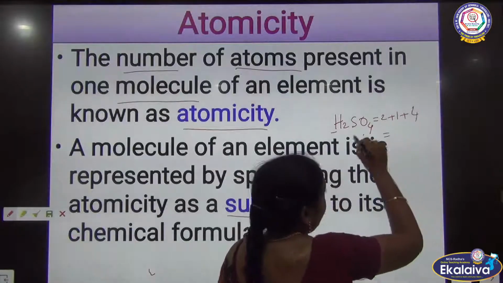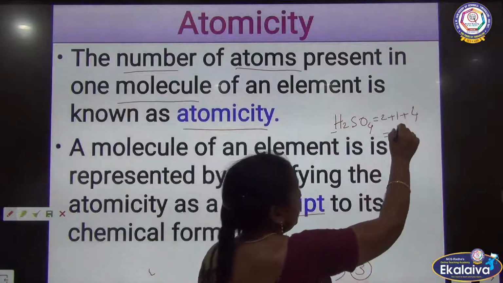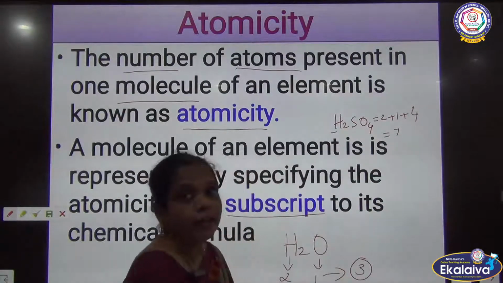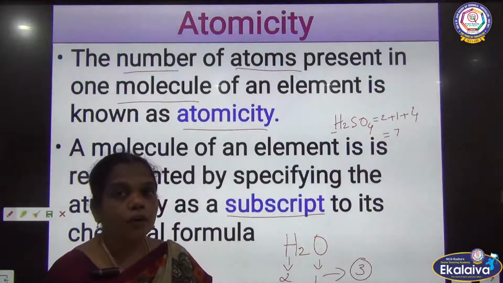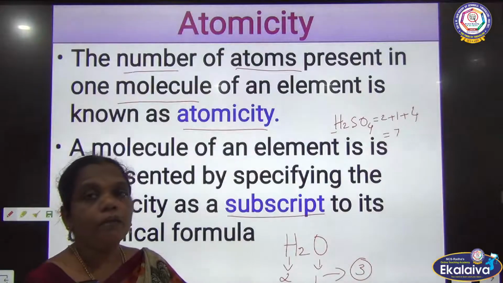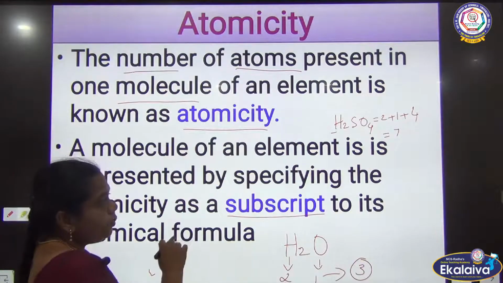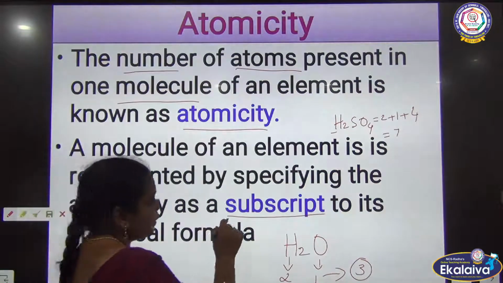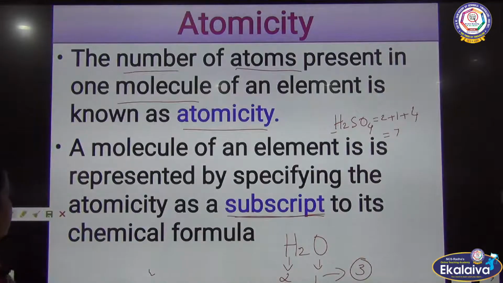So how many atoms are present in this compound? 2 plus 1 is 3, 3 plus 4 is 7, so 7 atoms. The atomicity is nothing but the number of atoms present in a molecule, and that can be specified as the subscript in the chemical formula.